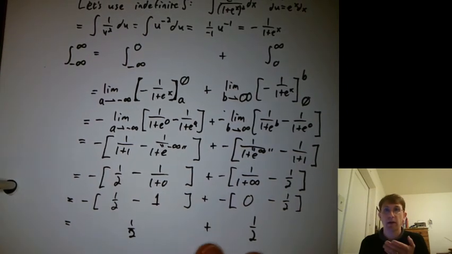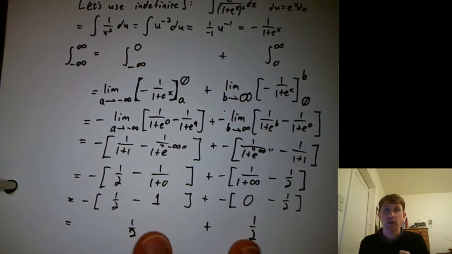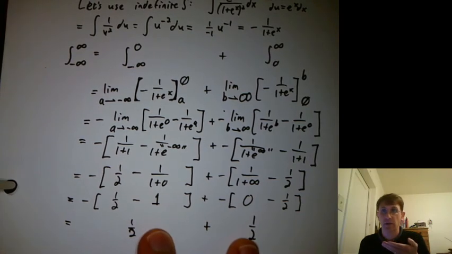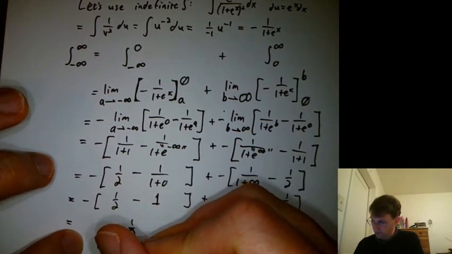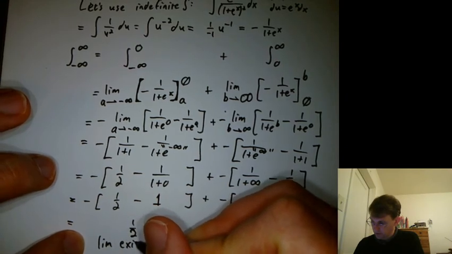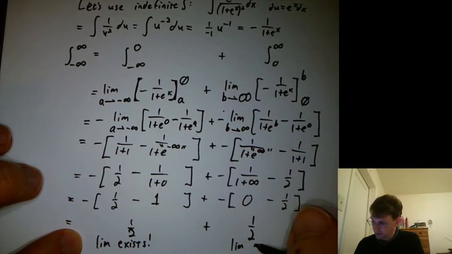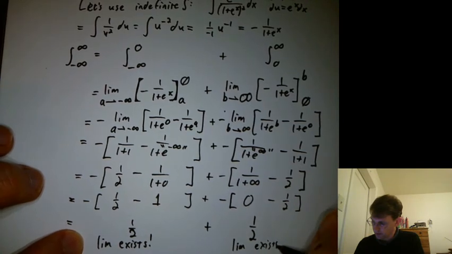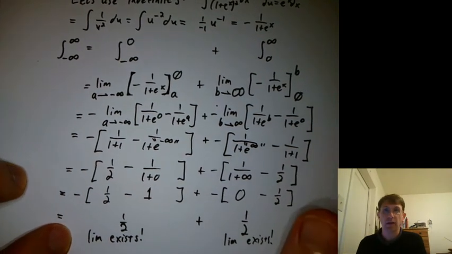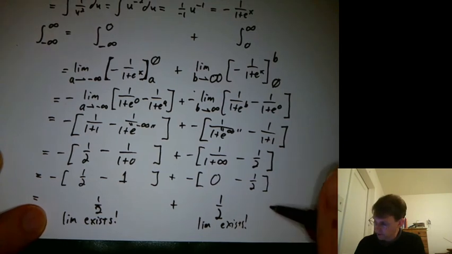And then the big question, are we actually allowed to add these? Well, both limits exist. They both give single numeric finite values rather than zooming to infinity or oscillating without settling down. So the limit exists here, the limit exists here. So it's okay to add them, and you add them and you get 1.